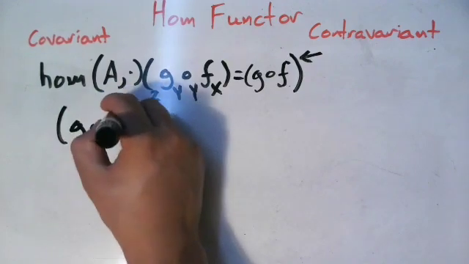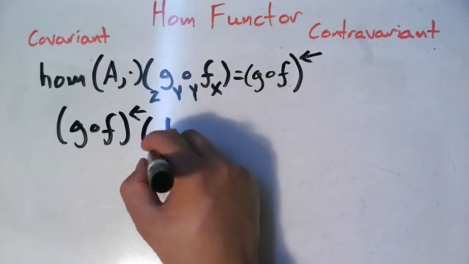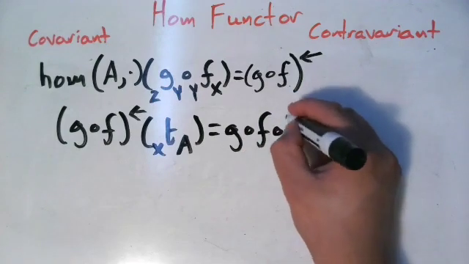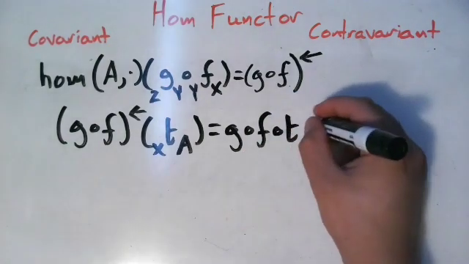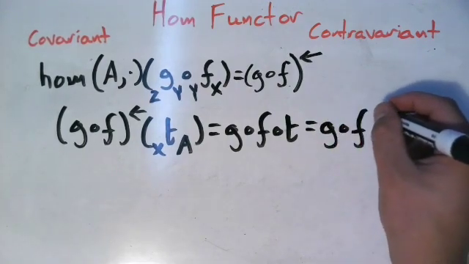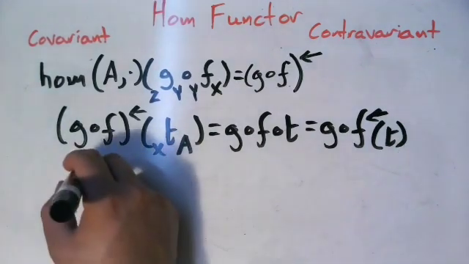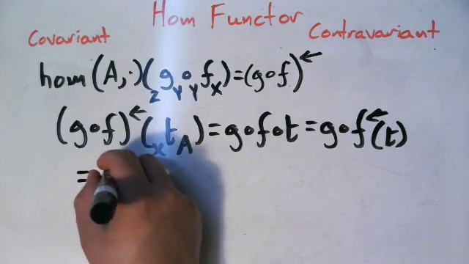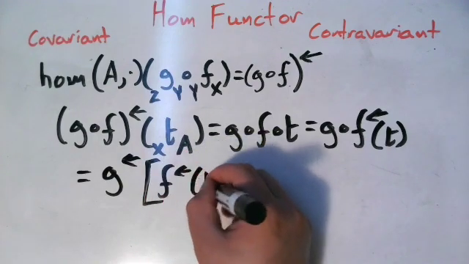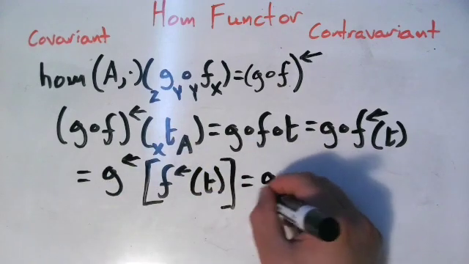So if we apply that to some t going from A to X, what we get is G composed with F composed with t, but that's equal to G after followed by F applied to t, which itself is equal to followed by F applied to t, and then followed by G applied to that result. But these are both functions, so this is just function composition.